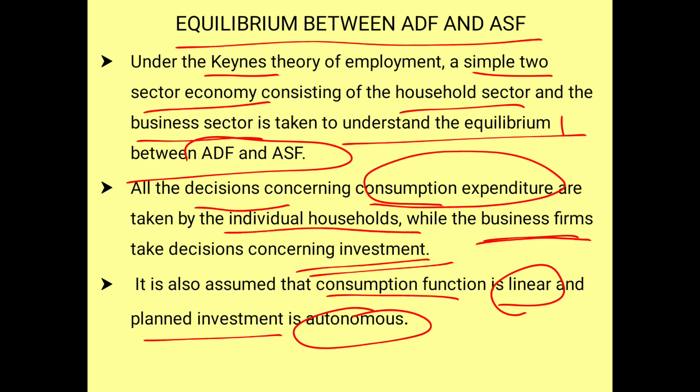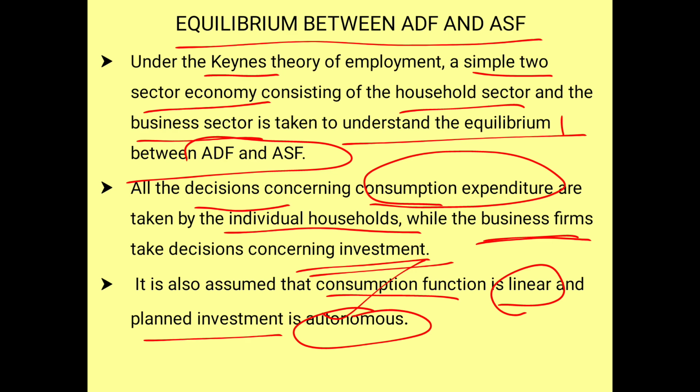What is autonomous? Investment which does not depend upon the level of income. Even if there is no income, investment has to take place automatically. With whatever income the government is having, the investment will take place. So planned investment is autonomous, and the consumption function is linear.